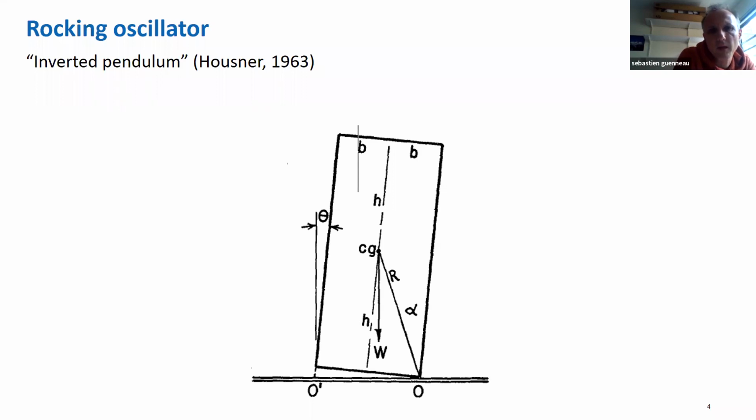The initial attempts to study this oscillator, I think, were in the late 19th century by Milne in Japan. He was British, but he was in Japan at the time. He was trying to back calculate what the acceleration of an earthquake was by observing overturned blocks, mainly in cemeteries.